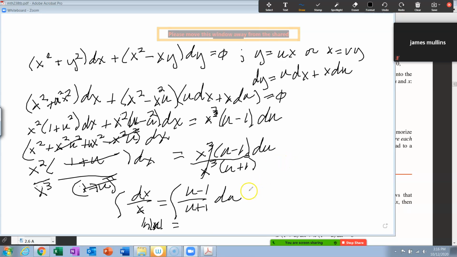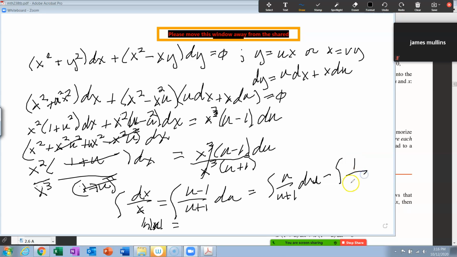And this is equal to, now, I'm going to split this into two integrals here. The integral of u over u plus 1 du minus the integral of 1 over u plus 1 du.